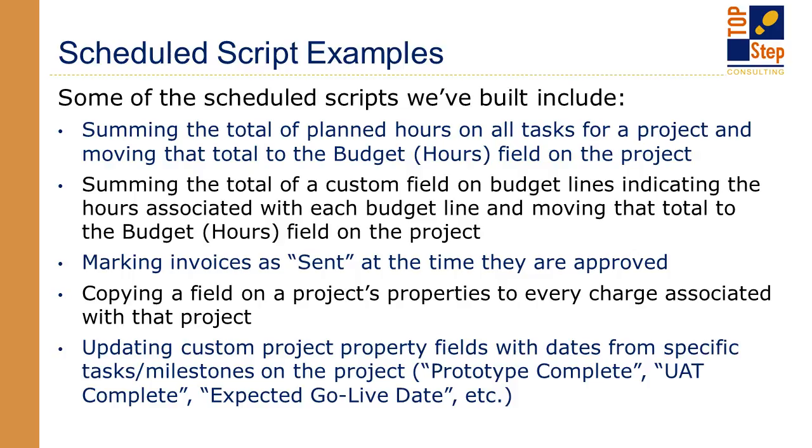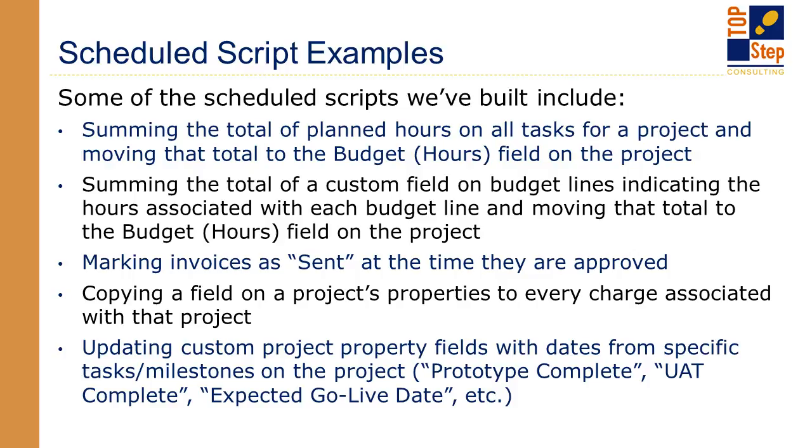Well, this was a customer who had 100, 200 tasks on each project, and it's hard enough to manage those and keep the planned hours up to date on that many tasks. They found that a lot of times those planned hours were not in sync with their budget hours. And so what they asked us to do was automate this so that they didn't have to populate that budget hours field manually anymore.